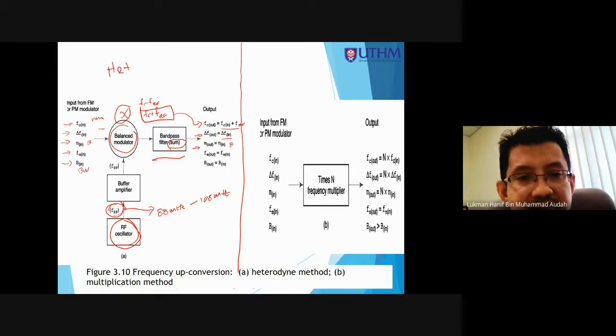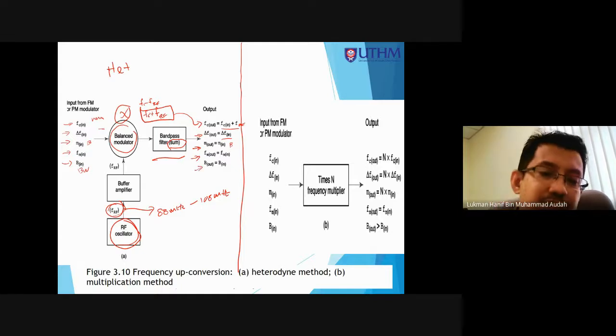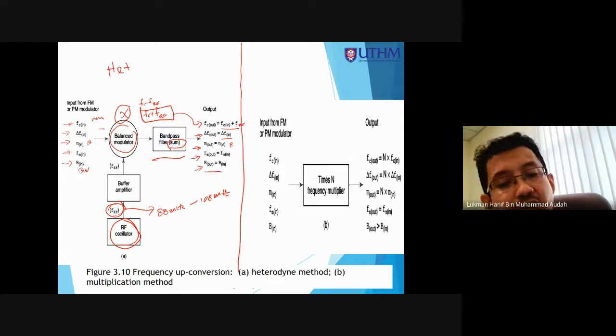Beta masih sama. Beta in and also beta out is equal. What about modulating signal frequency? Also the same, no change. What about the bandwidth? Bandwidth tidak berubah. Bandwidth out equal to input bandwidth. So nampak kalau gunakan heterodyning process, only the carrier frequency will change.